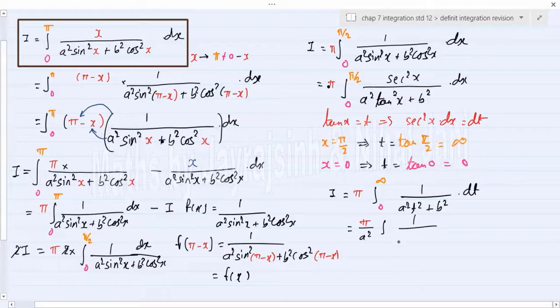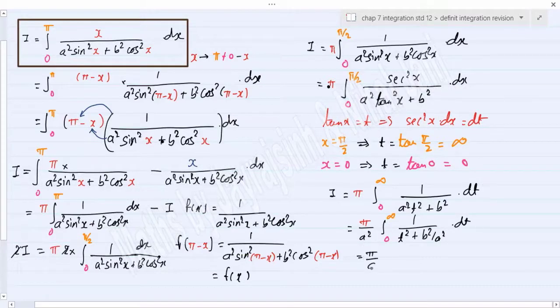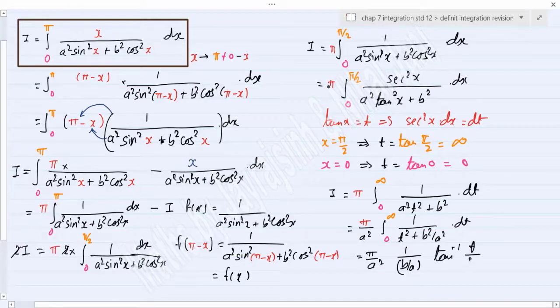So we will get t square plus b square by a square dt, with the limit from 0 to infinity. So this pi by a square will be as it is. The integral of 1 upon a is b by a, tan inverse t upon b by a. The limit is from 0.